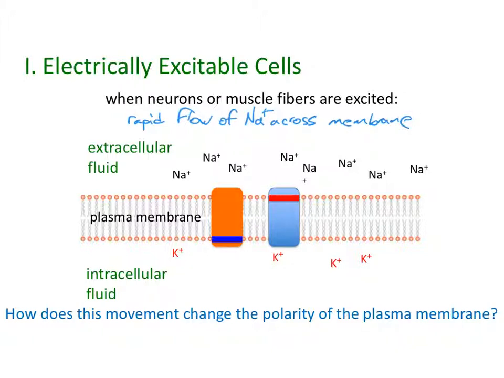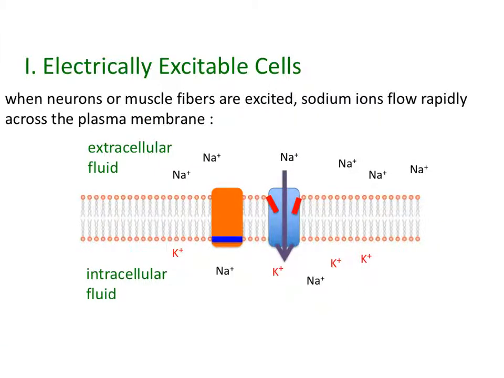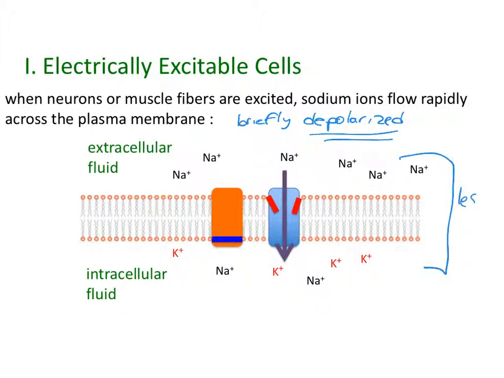So how does this movement change the polarity of the plasma membrane? When neurons or muscle fibers are excited and sodium ions flow rapidly across the plasma membrane, they become briefly depolarized. Depolarized means that there's less difference between the outside and the inside.